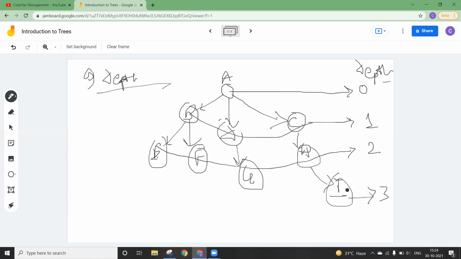Now the height. The height of a node is the number of edges from that node to the deepest leaf.